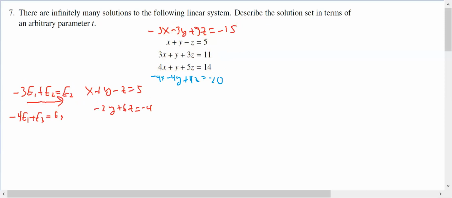And so if I add that to equation 3, you're going to get 0x, negative 4y and positive y is negative 3y, 4z and 5z is 9z, and negative 20 plus 14 is negative 6.